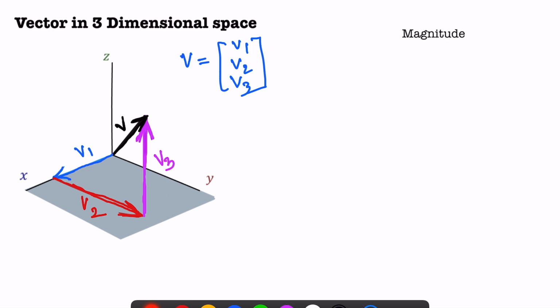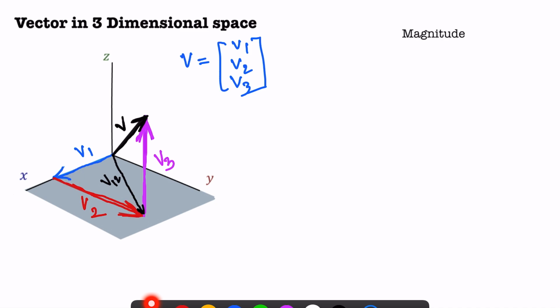Now you want to calculate the magnitude of this vector. How do we do this? First, let's calculate the magnitude of this one. Let's call it v12. Now, we moved from the origin to v1 and then from here parallel to the y-axis, right?